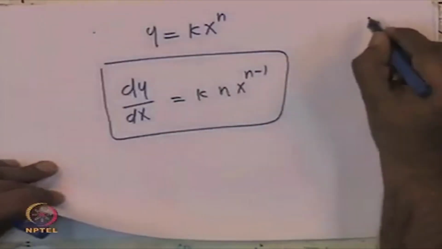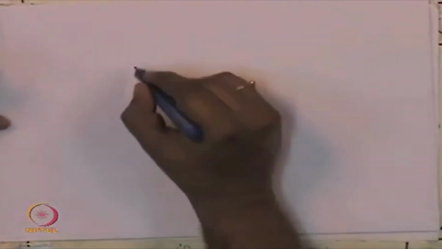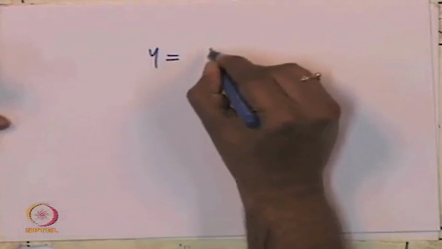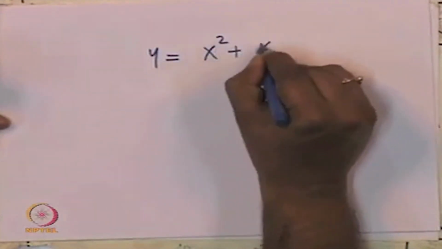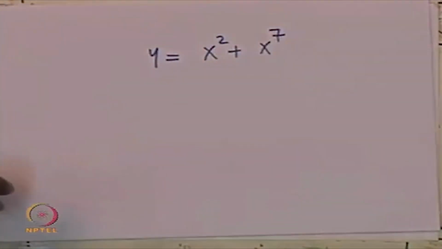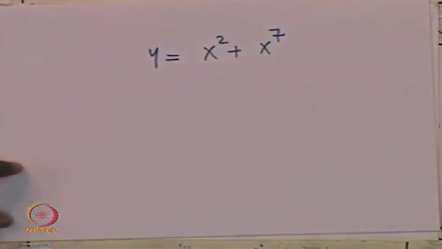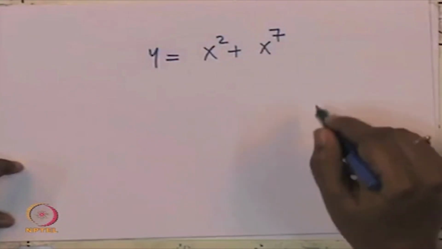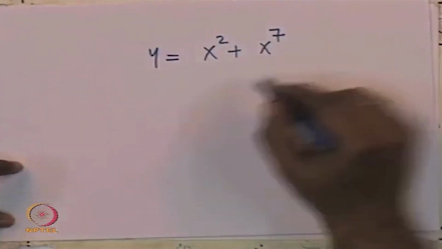Now, let us look at some other simple functions. What happens if y is a sum of two functions, x square plus x power 7? We learned that many functions are combinations of x, x square, x cube, and so on.